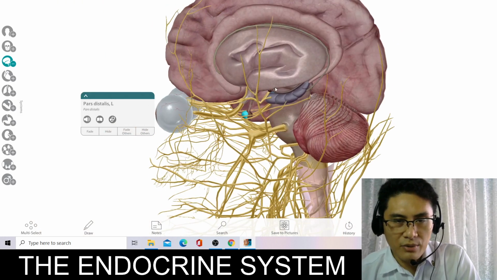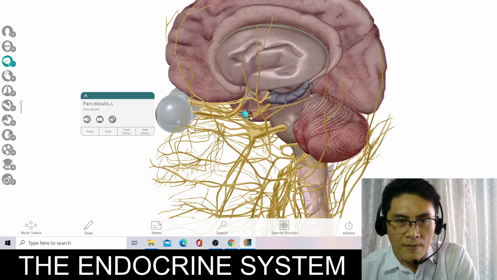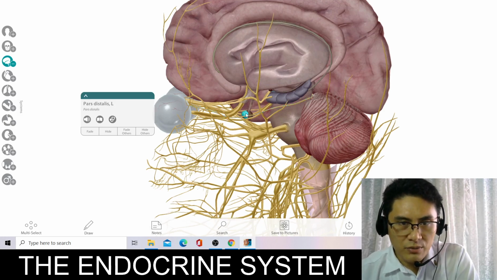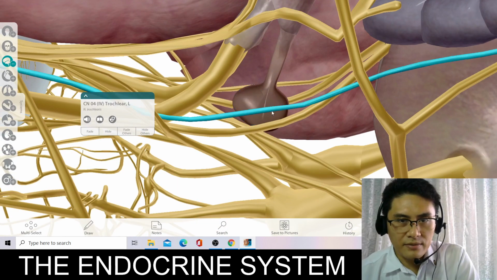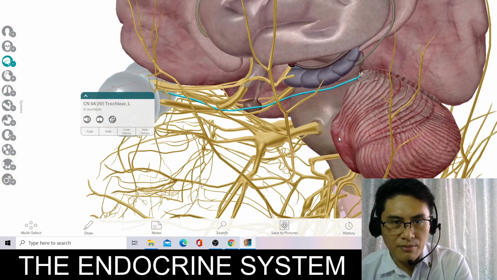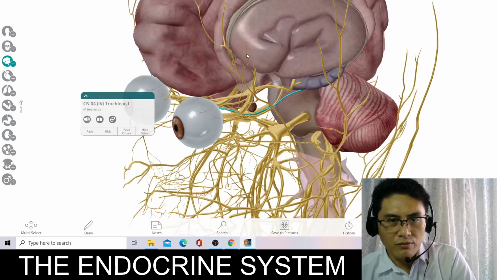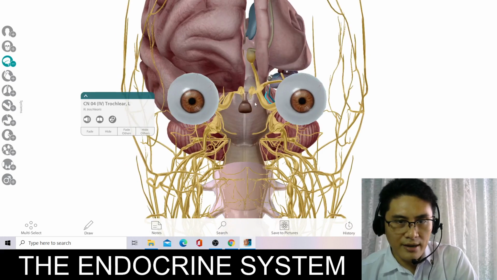It's really connected to the brainstem, but it's hidden below the frontal lobe. This structure is what we call the pituitary gland. So again, it is at the base of the brain, dangling below the frontal lobe and in between the eyeballs. That is the pituitary gland.